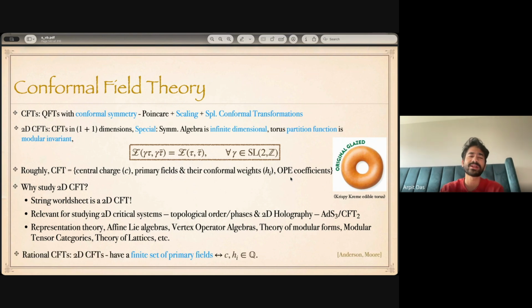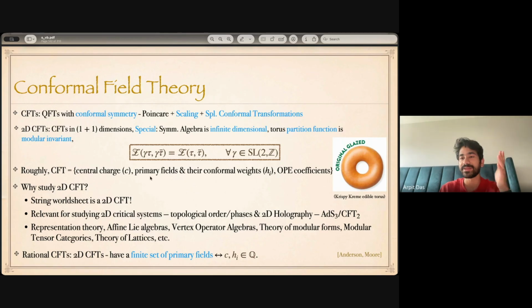So for the remainder of my talk, we will focus on an even smaller subset of 2D CFTs, what are called rational CFTs. So what are rational CFTs? I said that there are some special fields, which I will denote as primary fields, that have a very particular kind of scaling under the scaling operators.